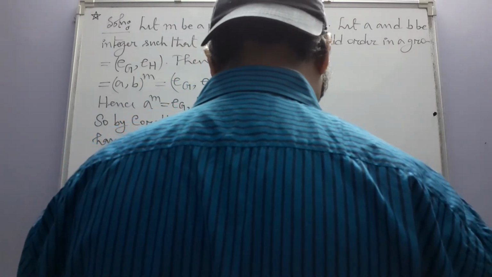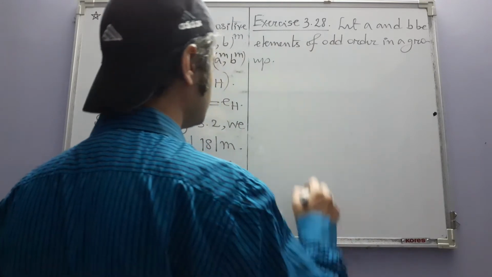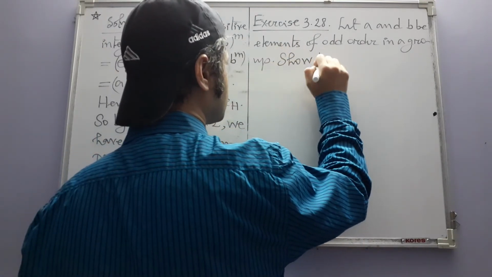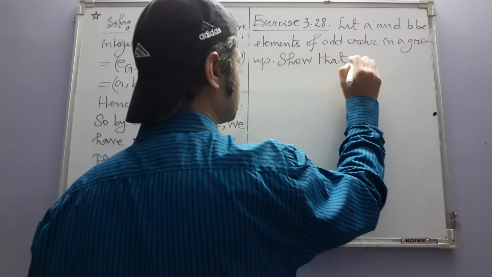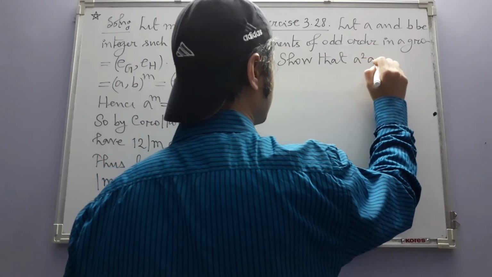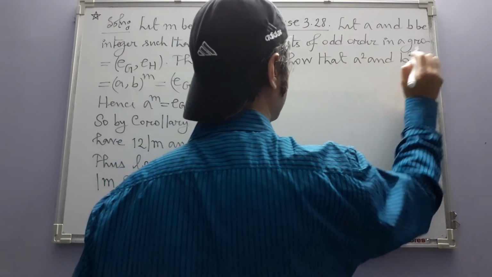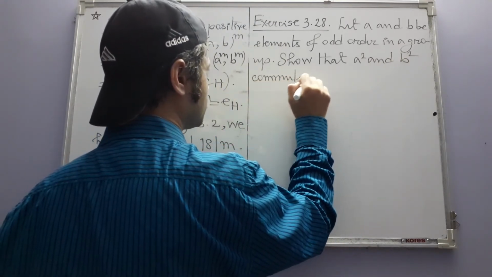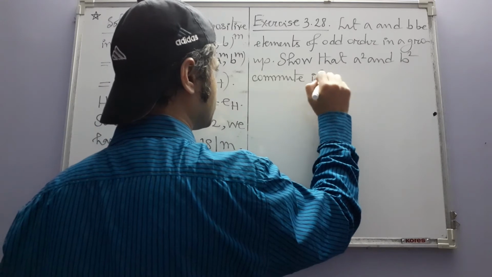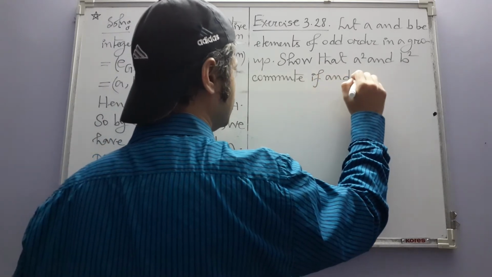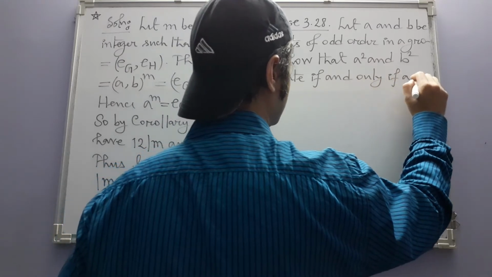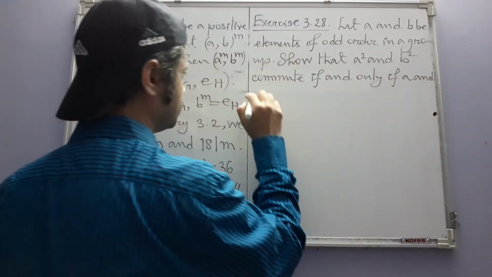Show that A square and B square commute if and only if A and B commute.